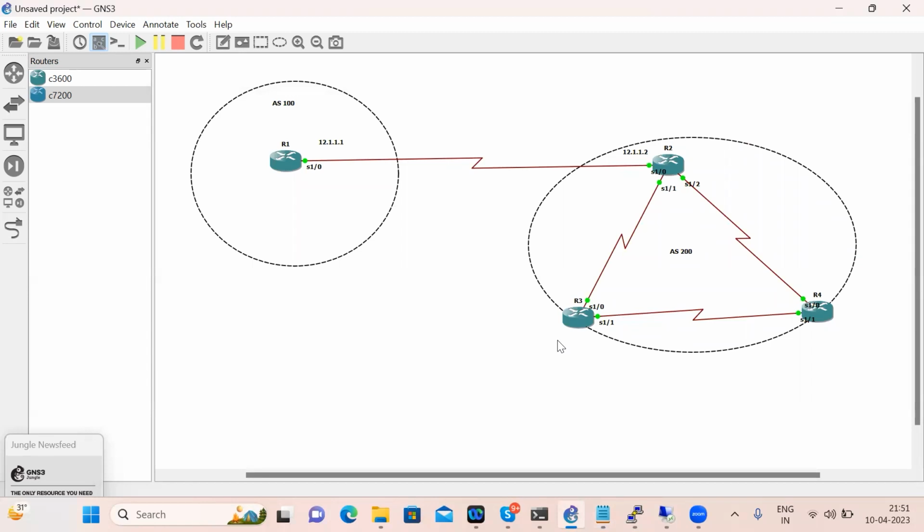That 3.3 is our internal network, and that is our consideration. It is not our BGP network, and that is not our customer network, so we are not advertising it in BGP.